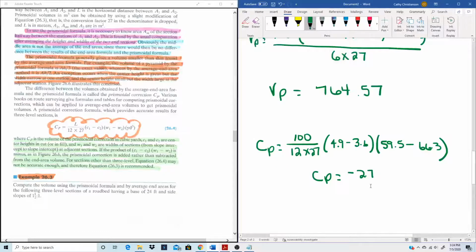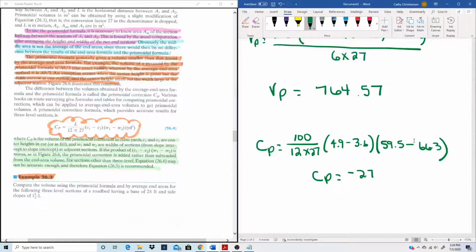So let me check my numbers. 59.5. So if I look at 89, the width to the left is 24.3. The width to the right is 35.2. 59.5 is correct. And then the one at 88 is 34.2 plus a 32.1. Okay, so that looks good.